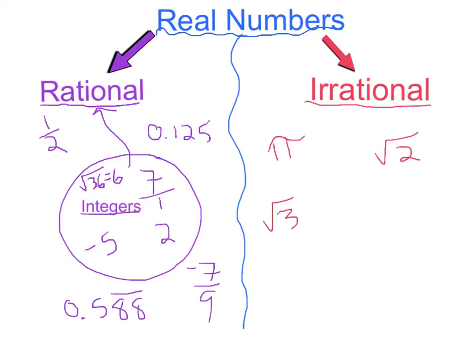But the key thing is, if you take the square root of a number and look at the decimal, the square root of 3 is 1.73205008, and this goes on and on forever. It is a non-terminating decimal, and it doesn't repeat. So that is why it is irrational. Follows that definition.